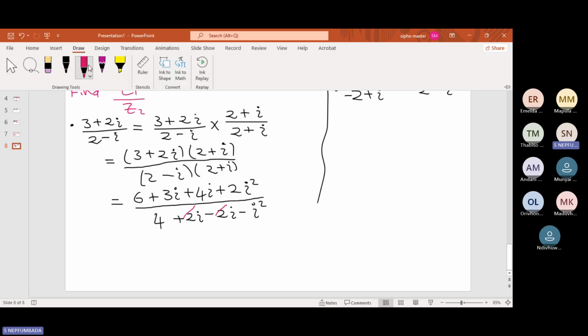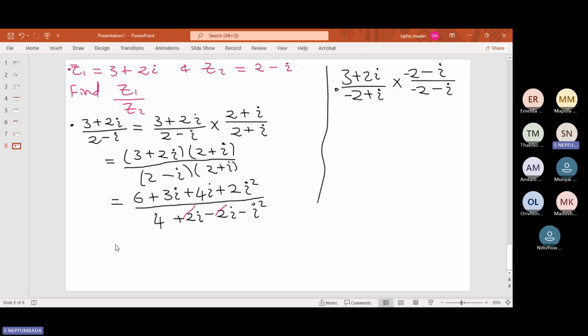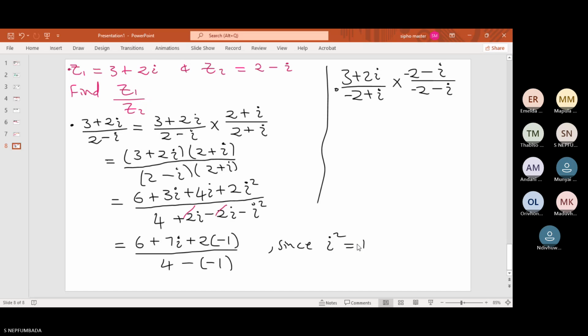Now we're going to be left with 6 plus 7i plus 2 into negative 1 divided by 4 minus into minus 1, since i squared is equals to minus 1.